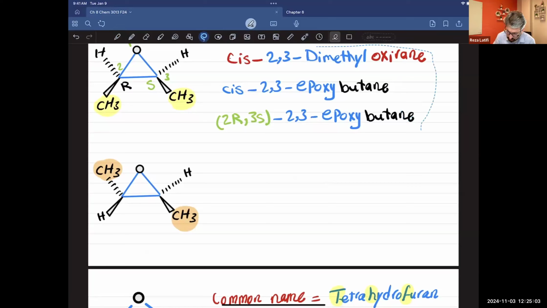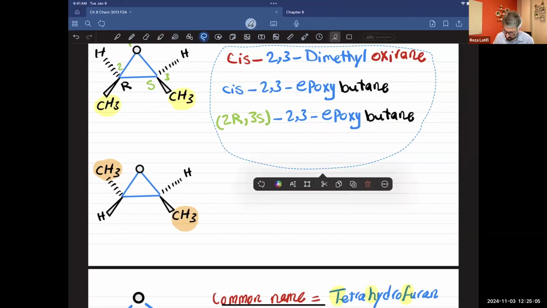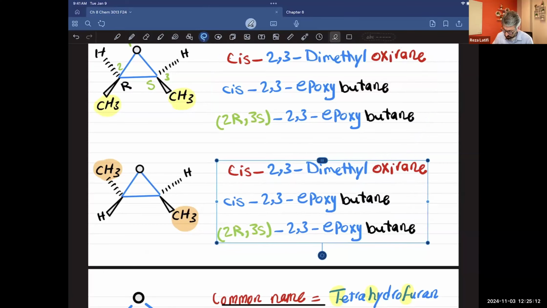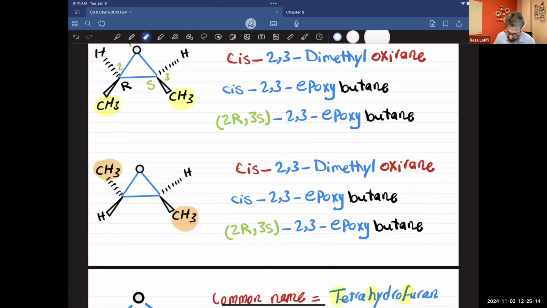You can use the same logic for the next molecule, but this time, instead of cis, say trans. Now I changed the position of one methyl.